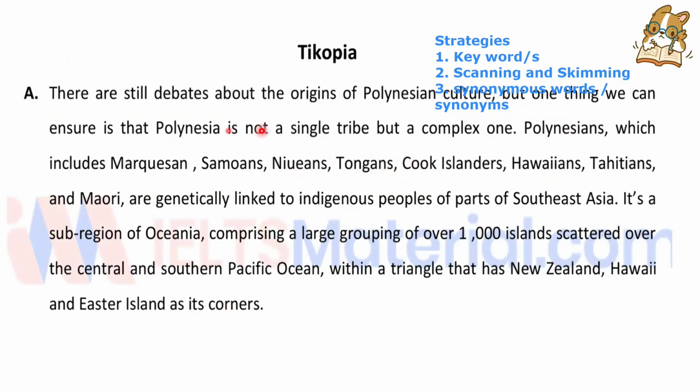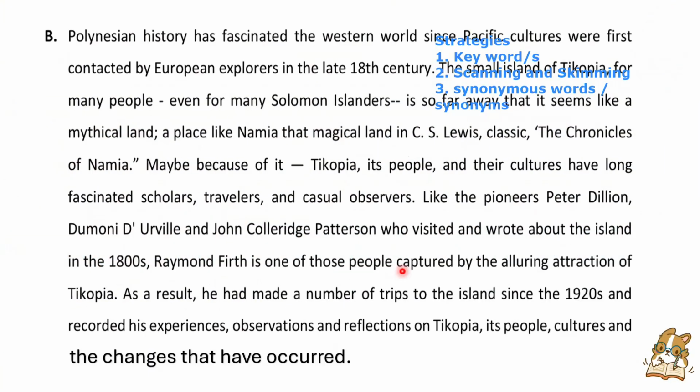As we look very quickly, we can't really find any word related to bowl of blank. So if we go to paragraph B, we're looking for a process which talks about bowl of blank. Skimming, scanning, very quick, and looking for synonymous words to bowl of blank, which we cannot really find.